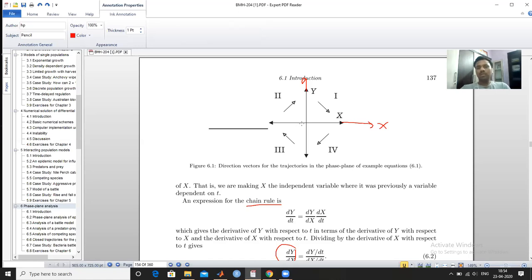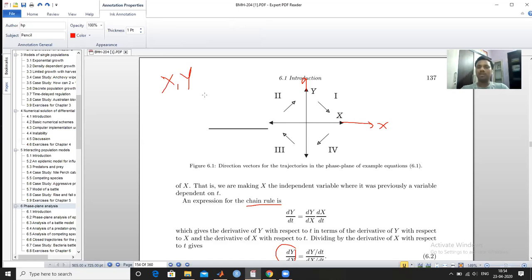So now the equilibrium point divides the whole plane into four quadrants: first quadrant, second quadrant, third quadrant, and fourth quadrant. And what are x and y? X and y are the two variables, and there is no restriction. X and y may have any value. It may be negative or it may be positive. But in some models there are restrictions.